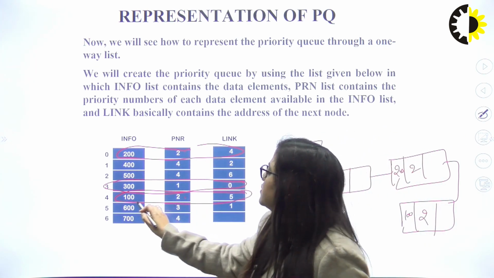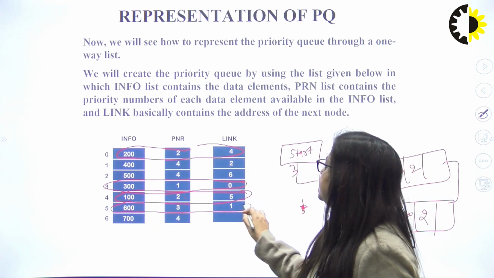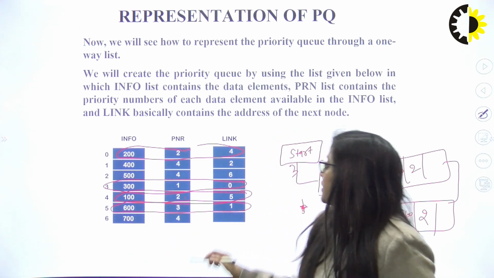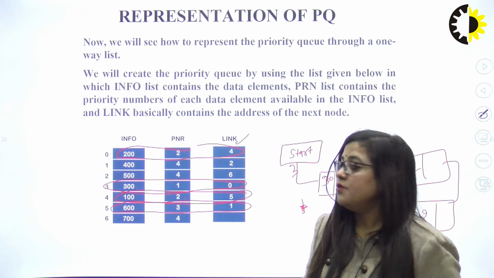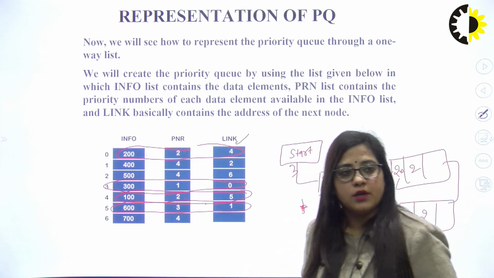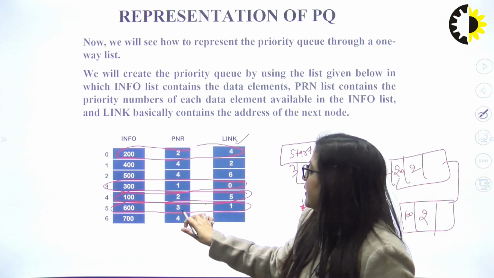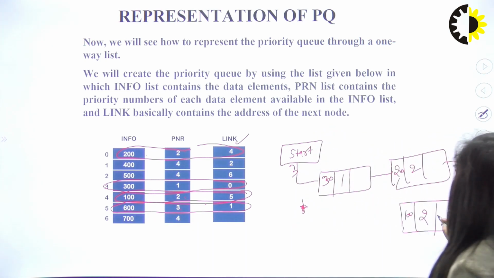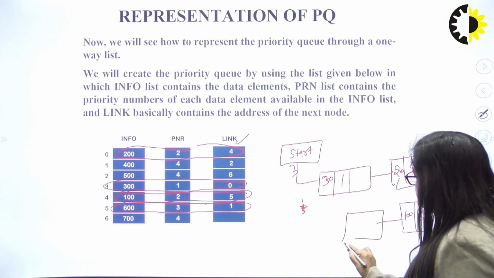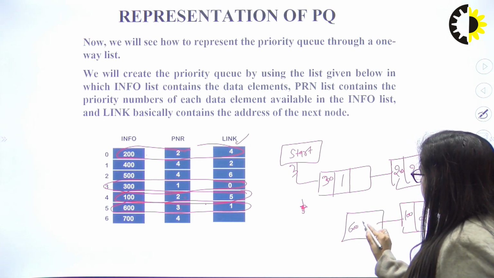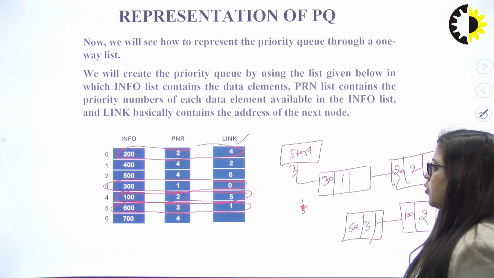Now the 3 position, find out the 3 priority. Which number has priority 3? This number. This is a link of the next node, but according to priority we check this and this only. So 600 is the third priority. Next number is 600 and priority is 1.